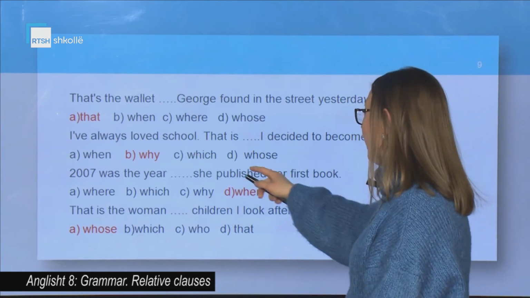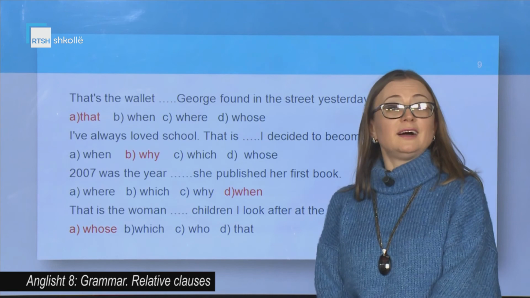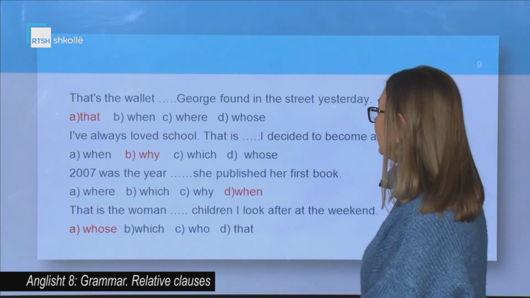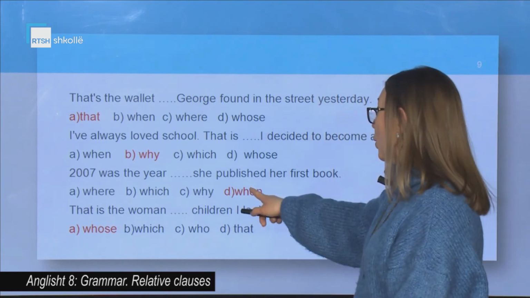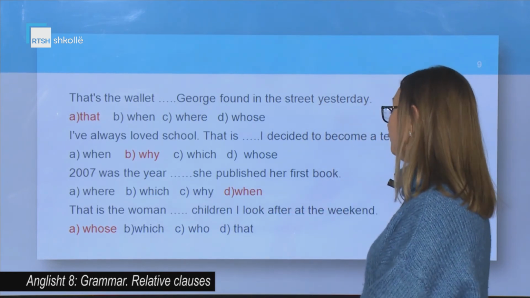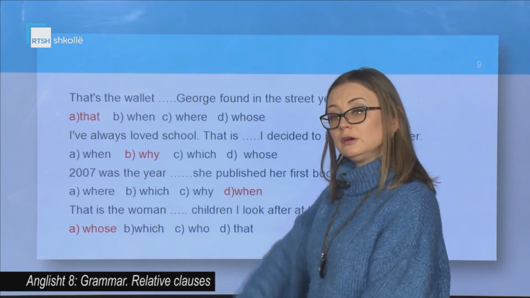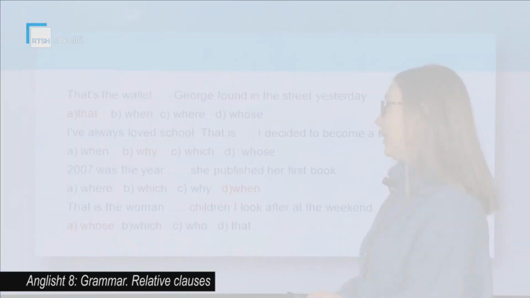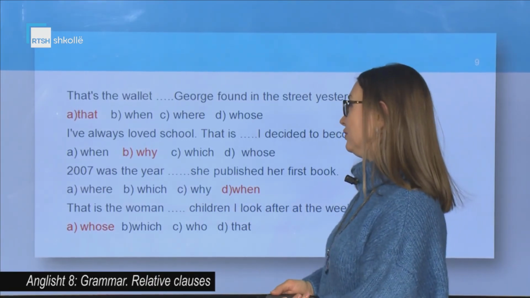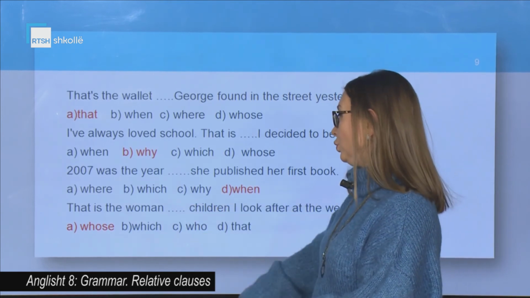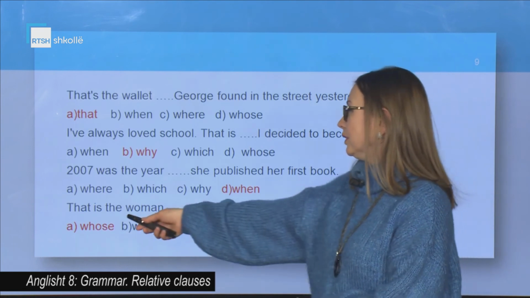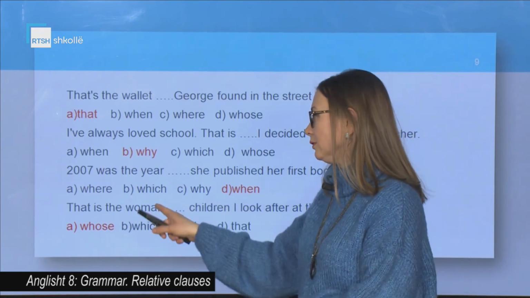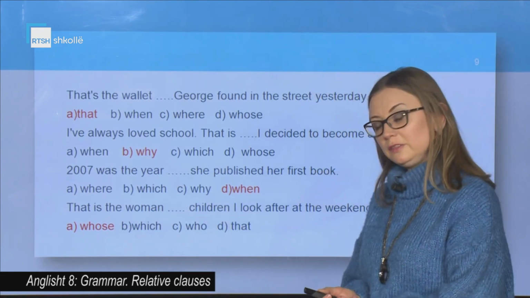This is why I decided to become a teacher. 2007 was the year when she published her first book. We are referring to the time. And that's the last sentence. That is the woman whose children I look after at the weekend. We are going to use whose because we show possession in this case.